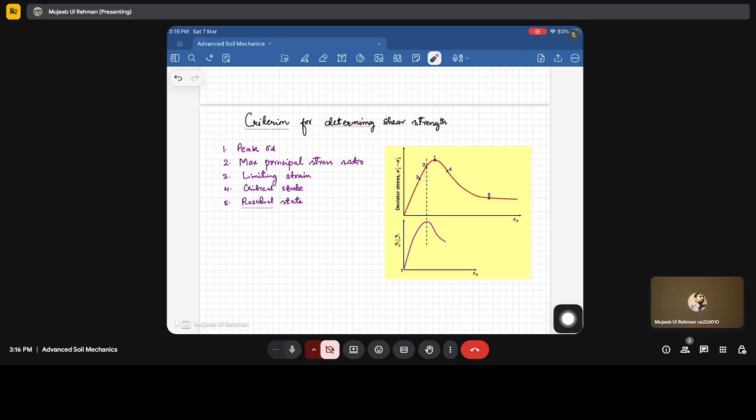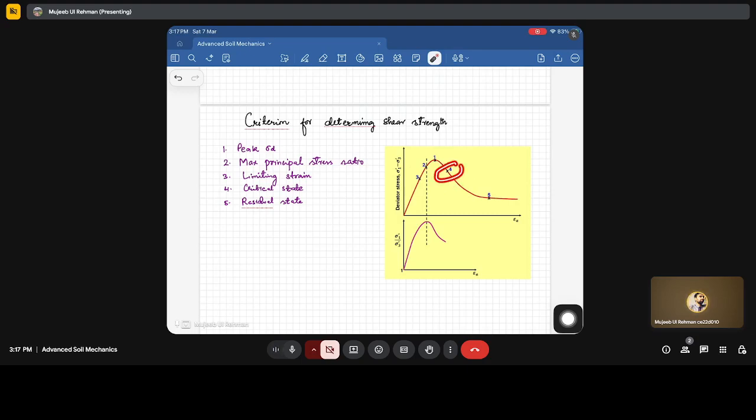Now, this critical state. Generally for OC, over consolidated soils, there is a drop in the stress after the peak value. For NC soils, the stress strain reaches the critical state directly, and point 4 is actually the critical state, and at critical state shearing takes place at a constant volume.